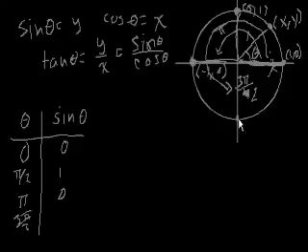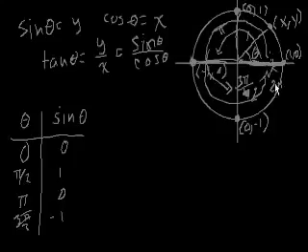Well, now we intersect the unit circle down here at the point 0, -1. So now sine of theta is equal to -1. And then if we go all the way around the circle to 2 pi radians, we're back at this point again. So when we're at 2 pi, sine of theta is now 0 once again. So let's graph these points out, and then we'll try to figure out what the points in between look like, and I'll show you what the graph of a sine function is.